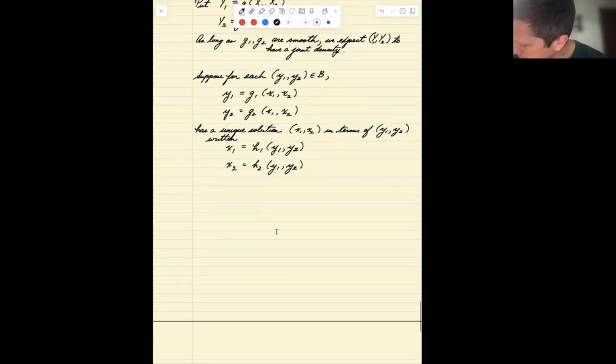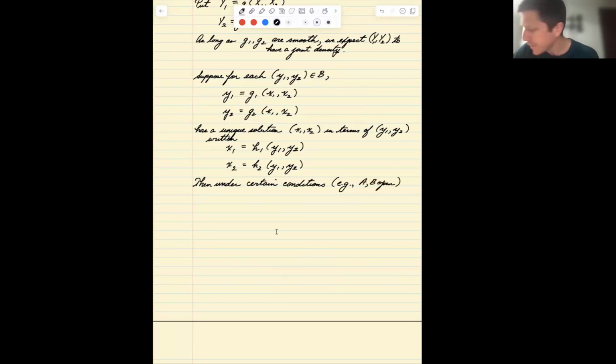Okay, then under certain conditions, and the conditions I'm not going to write because they're generally technical, but let's say, for example, that A and B are open sets.